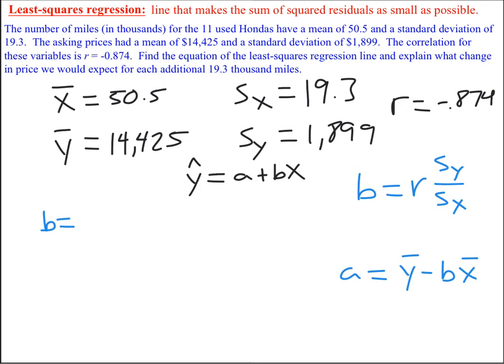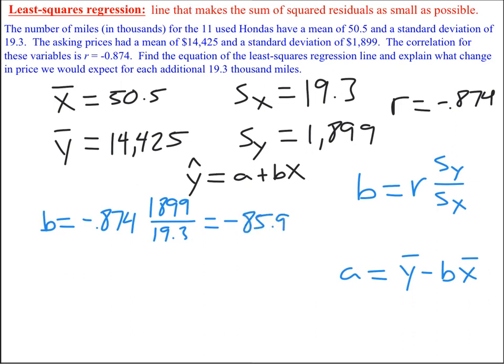Now we know these numbers, so I get negative 0.874 times 1,899 over 19.3.